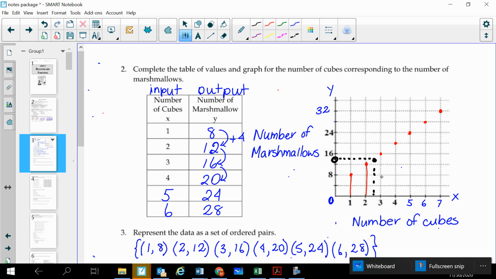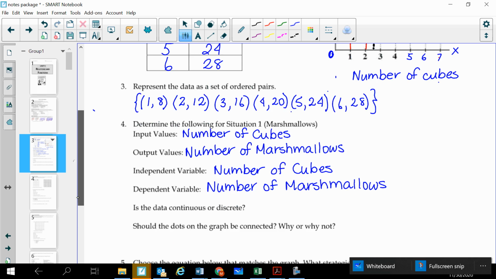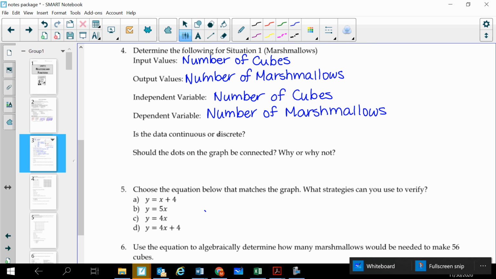So in this case, our data is discrete. Should the dots on the graph be connected? Well, no, because the points in between don't make sense.